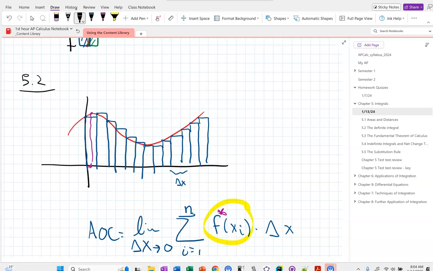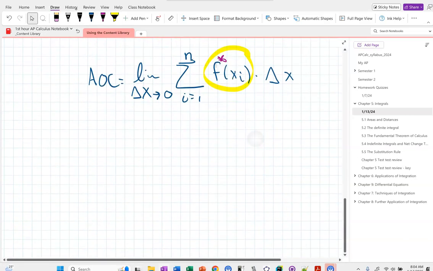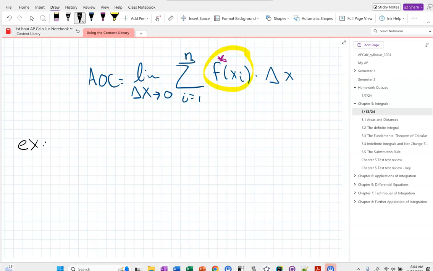So what we have then, if I do a little example here, let's say I want the area under the curve from 0 to 3 for the function f of x equals x cubed minus 6x.